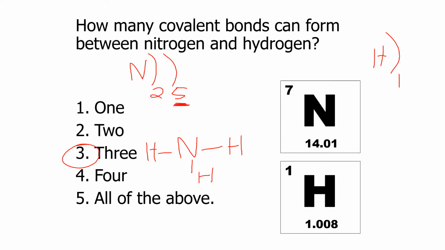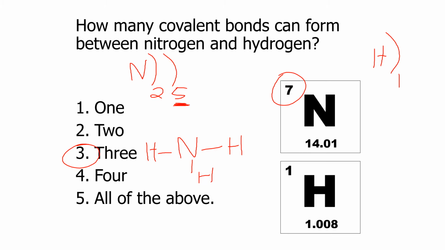One common mistake is that nitrogen, as I said, has a total of 7. If you think of the entire total and think, okay, nitrogen just needs 1 more to reach 8, that would be incorrect. You don't think of the total of how many electrons nitrogen has.